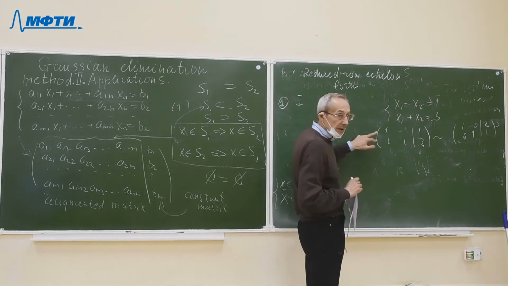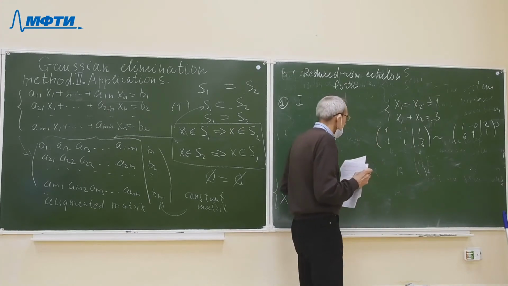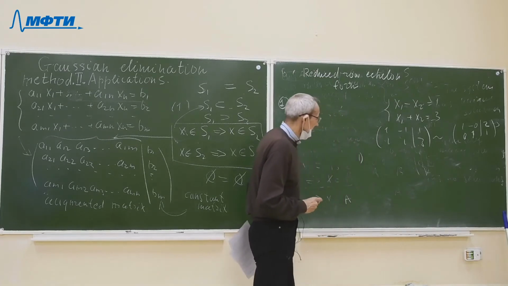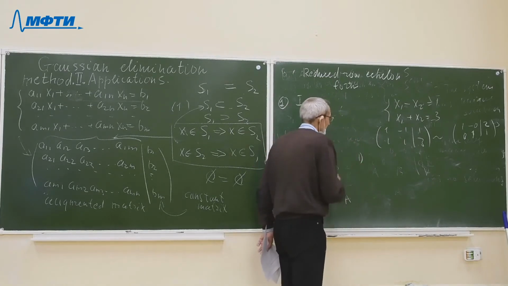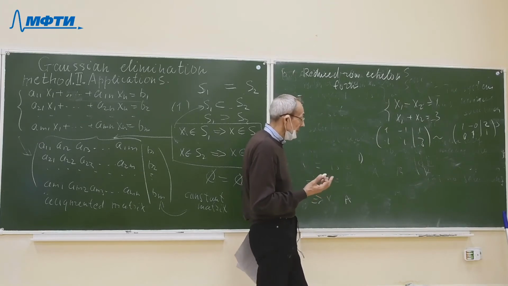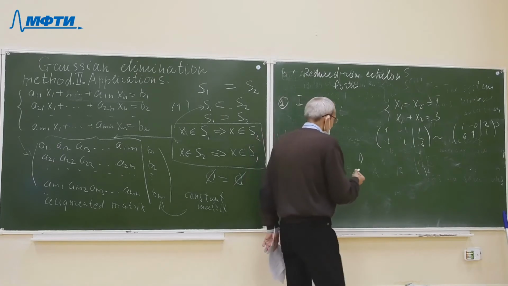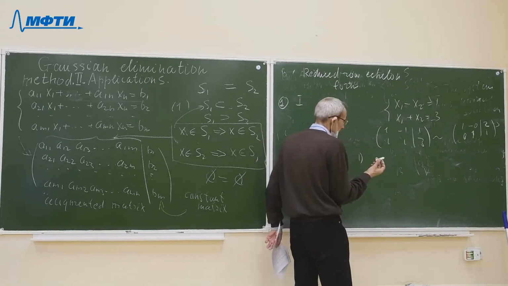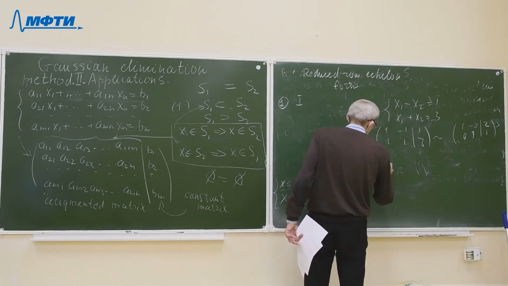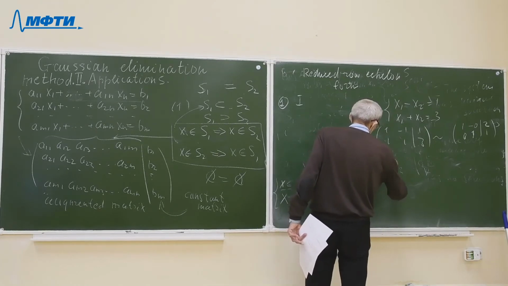and we can change the places of the rows. We use the following notation. By R with indexes we denote the rows of the matrix, and the first type of operation can be written in the following form.